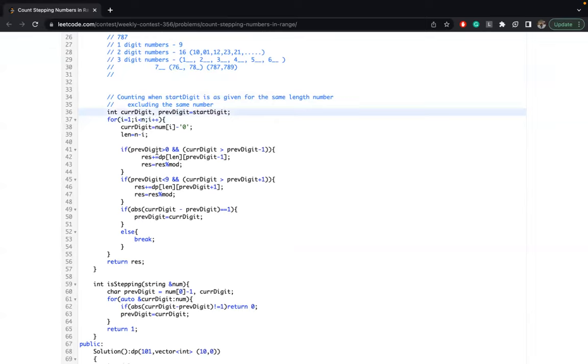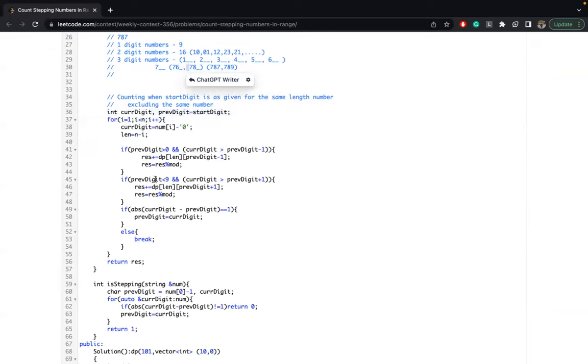So I'm taking care of whether the current digit is greater than previous digit minus 1. So 7 minus 1 is 6, and 8 is greater than 6. So the result will be appended with that DP value, for any 2-digit number starting with 6, right? So those things will be done here.